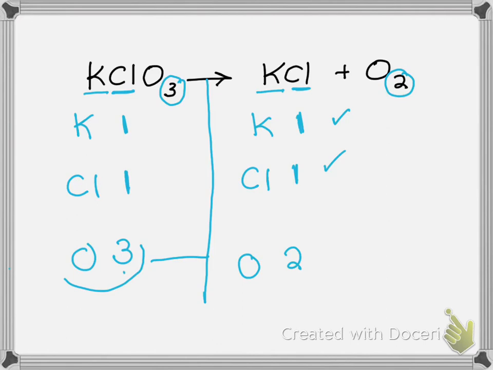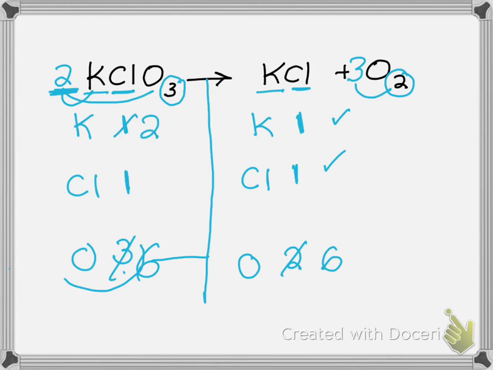So let's see, a 3 and a 2 is going to be 6. So 2 times 3 is 6. And a 3 times 2 is 6. But now I changed it by adding the 2. So now I have 2 KCl's. So put a 2, and that would be 2 here.